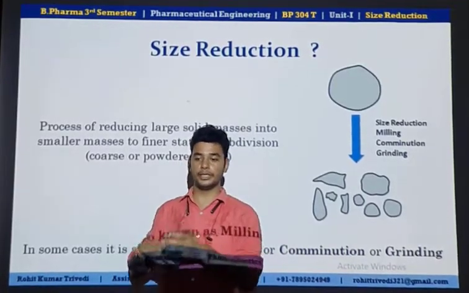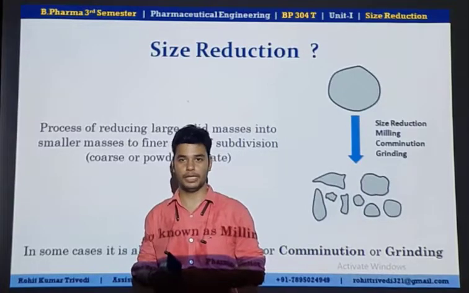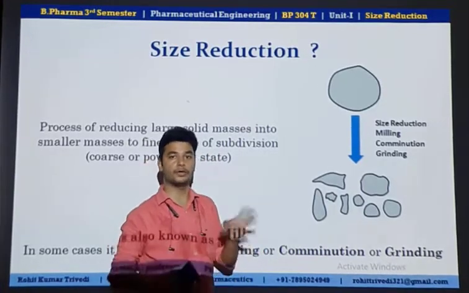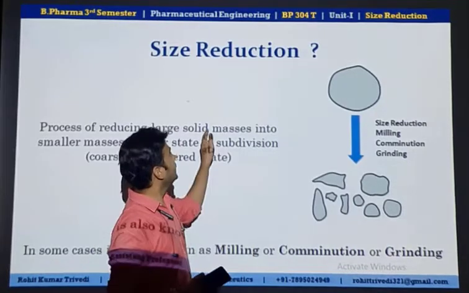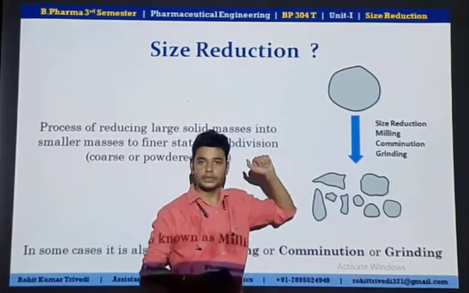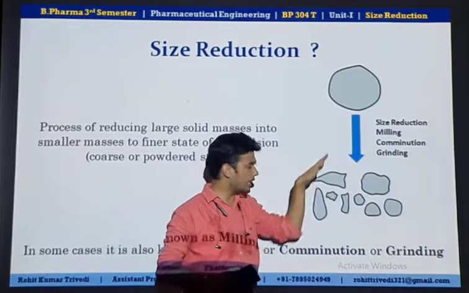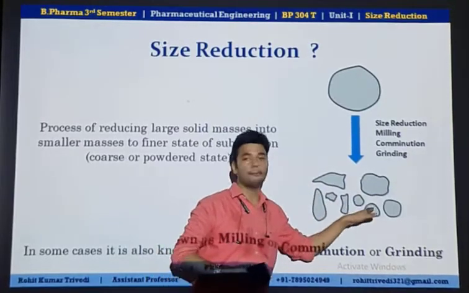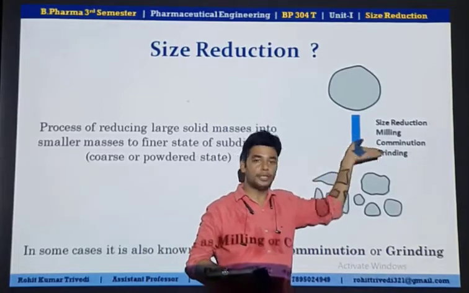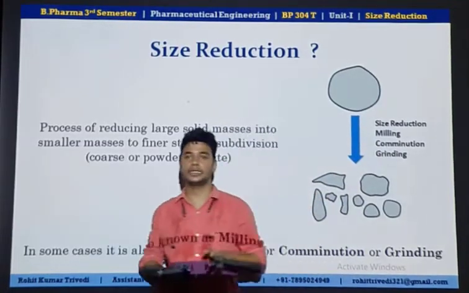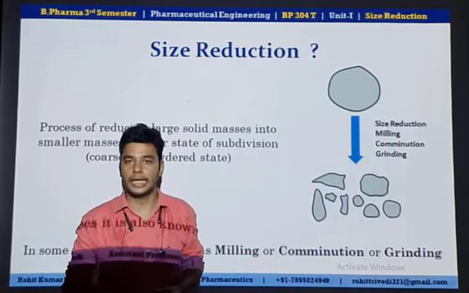Generally, we say we are reducing the droplet size of a liquid. The term particles is used for solids only. Size reduction is a pharmaceutical process in which large size particles are reduced to smaller size particles. This process is also known as milling, comminution, and grinding. You can say all these are synonyms of the process of size reduction.